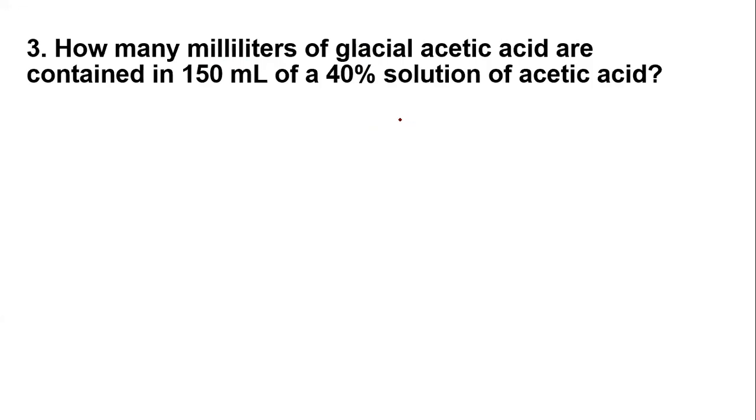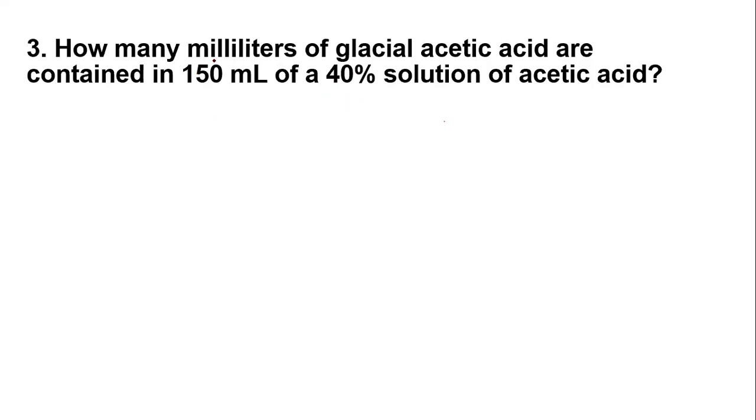So if you're going to look at the problem, it's asking for the volume of the solute, and what's given is the volume of the solution, also in milliliters. In other words, this percent concentration is definitely a V over V. Sir, again, why V over V?